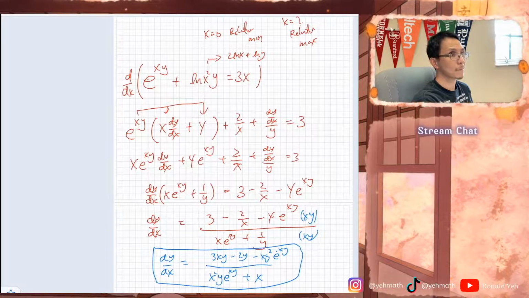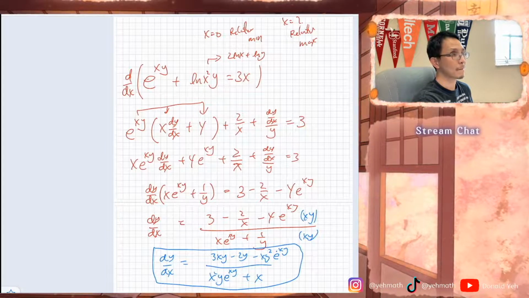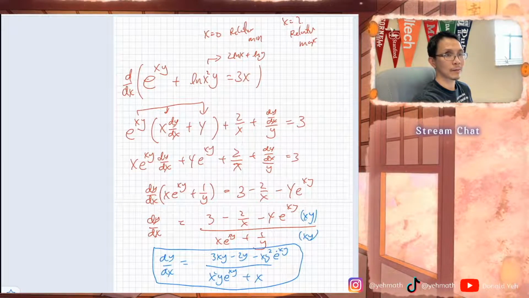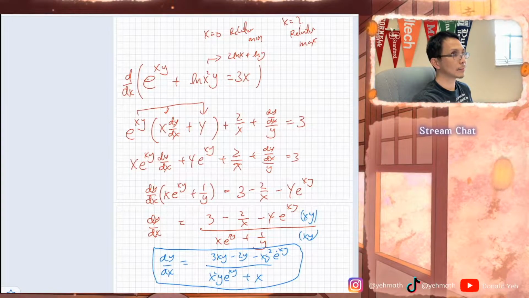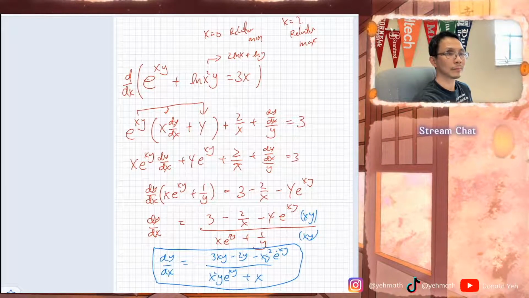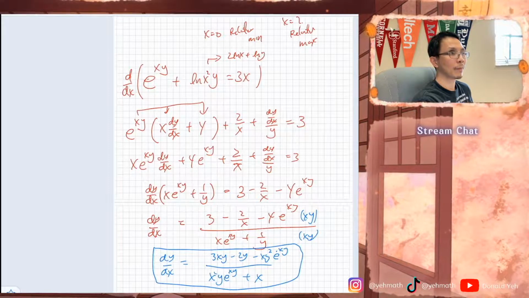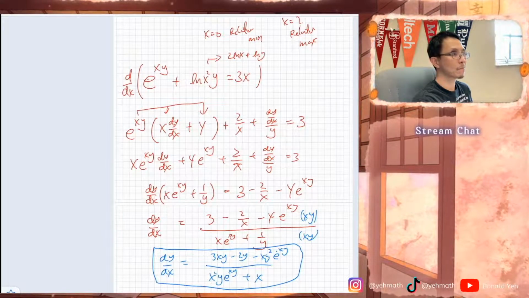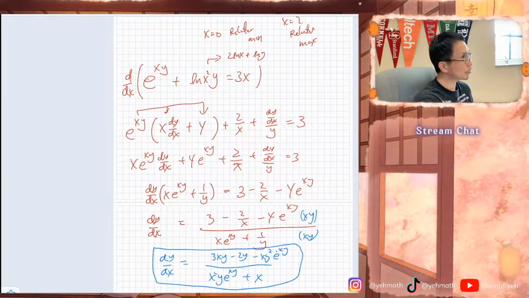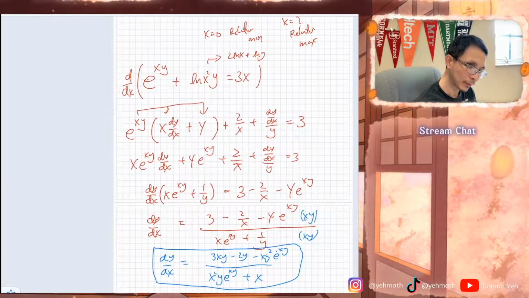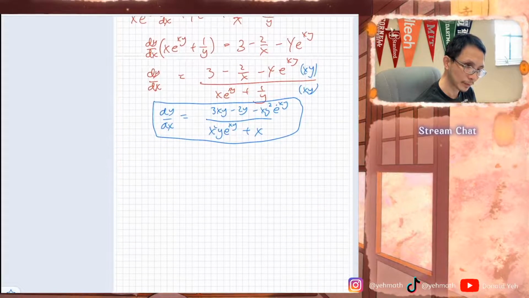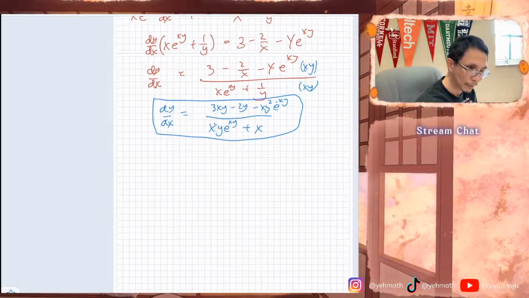And you put what was left in parentheses, and you divided both sides to get rid of this. So dy over dx equals all of this over this. And he wants to get rid of the fractions within the fractions, and there's an over x here and an over y here, so you multiply top and bottom by x, y.